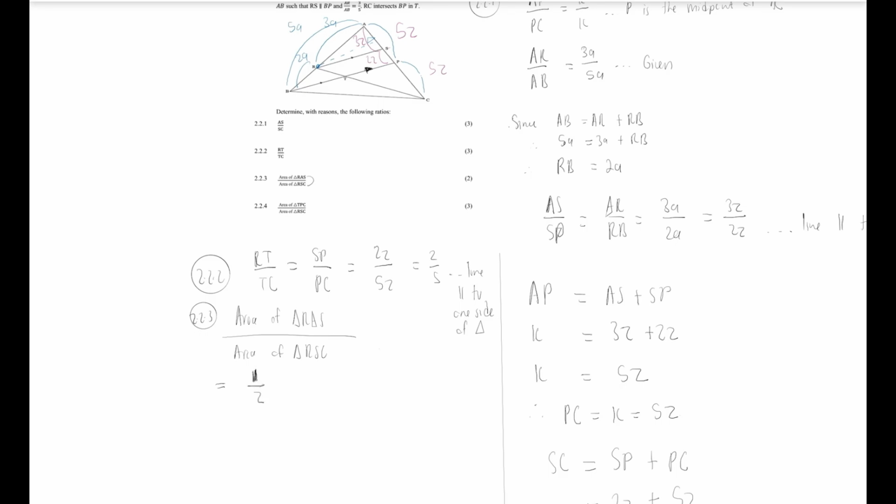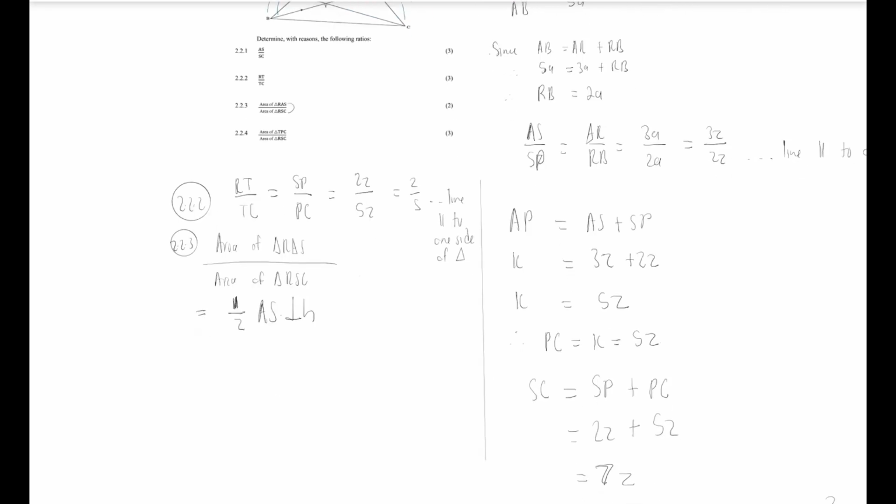The base of the triangle is where the perpendicular line hits the ground. So the base is going to be AS. And then you have a perpendicular height which we don't know.